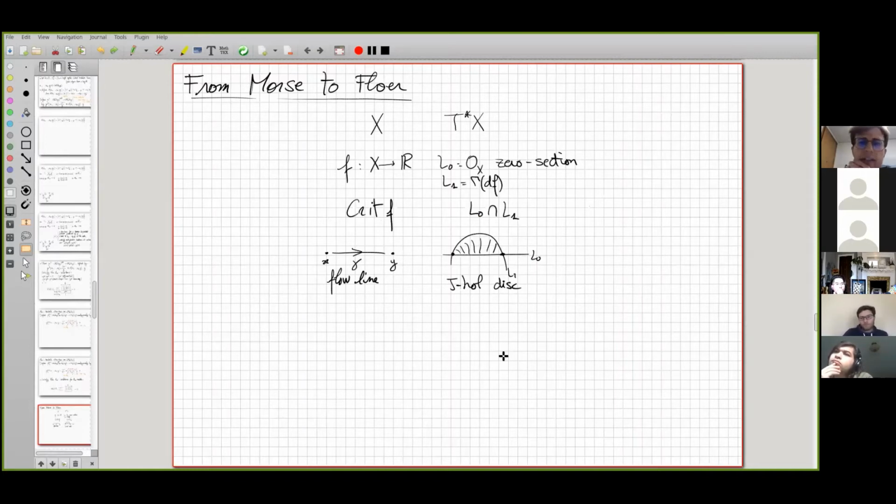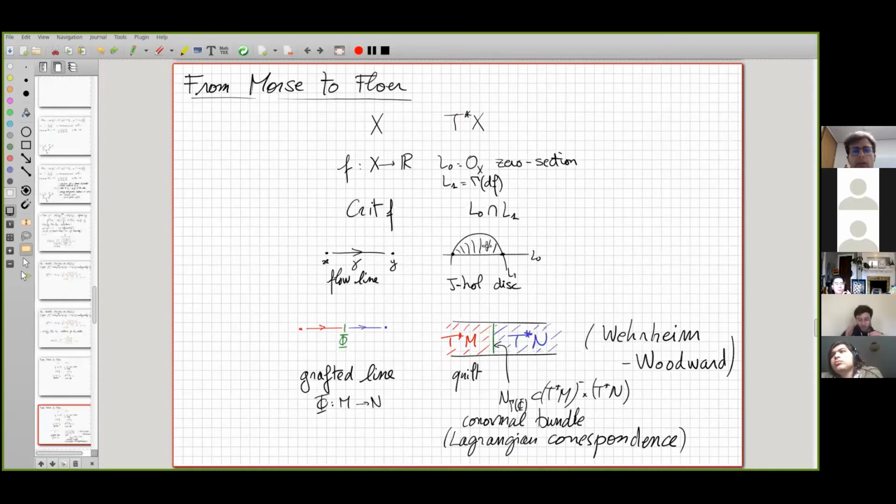If you have your Morse function, it will give you a Lagrangian in the cotangent bundle as the graph of the differential, but you also have the graph of the zero section, that's a second Lagrangian. The critical points are in one-to-one correspondence with the Lagrangian intersections, and then the flow lines will become J-holomorphic disks.